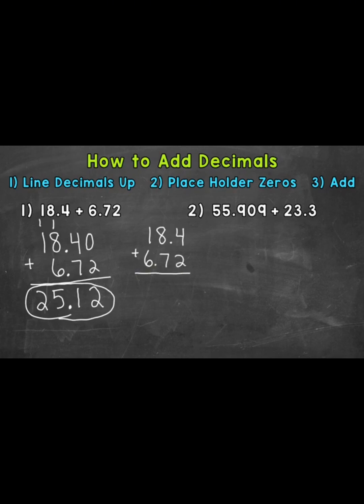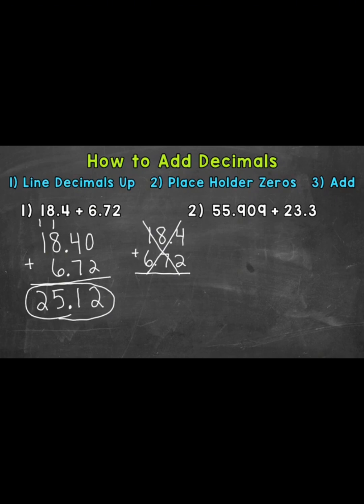So 3 digits lined up with 3 digits. You can see that the decimals are not lined up. Therefore, our places are not lined up, and we're not going to place the decimal correctly in our answer. So this is going to give us something completely incorrect and is a common mistake. So avoid just lining the digits up. Make sure you have the decimals lined up.